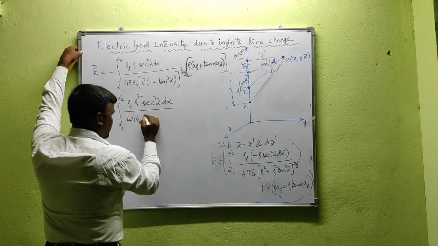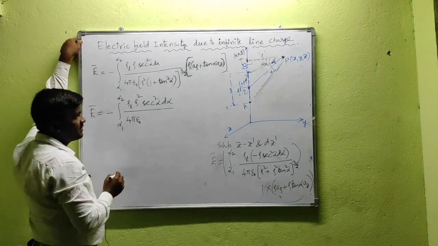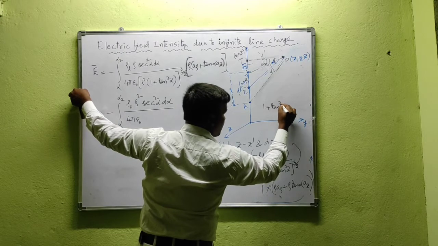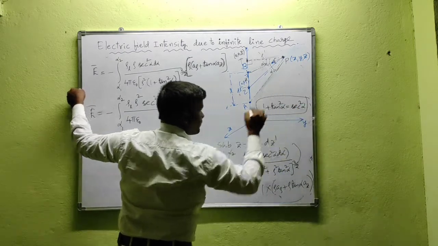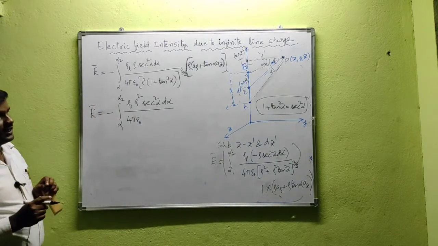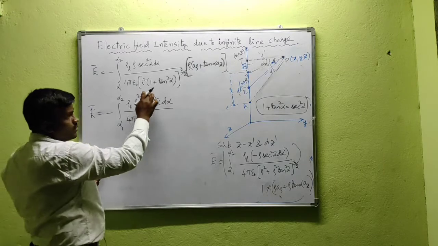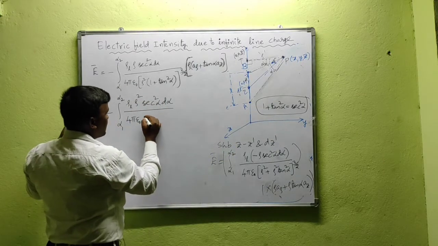rho square into 1 plus tan square alpha is nothing but what? Secant square alpha. 1 plus tan square alpha is equal to secant square alpha, or else secant square alpha minus tan square alpha is 1. So here we require what? 1 plus tan square alpha can be written as secant square alpha.